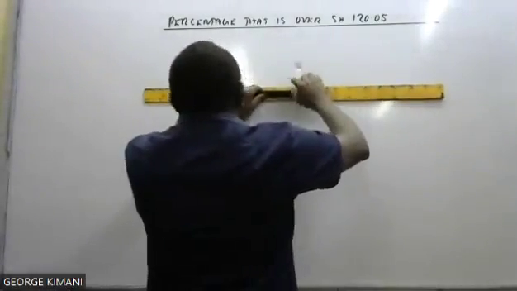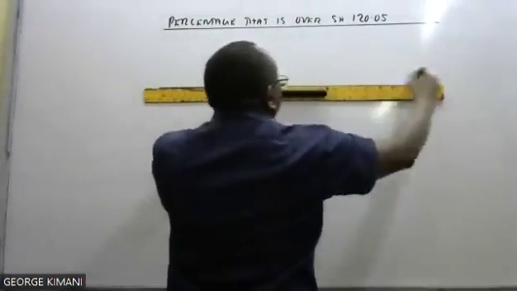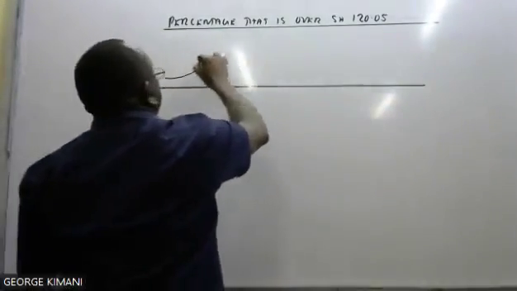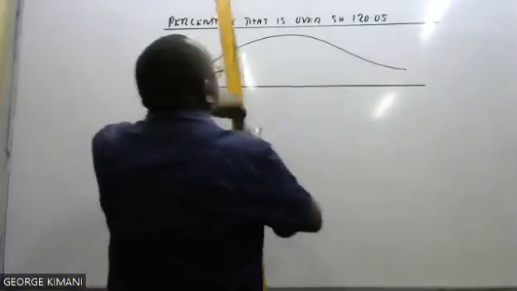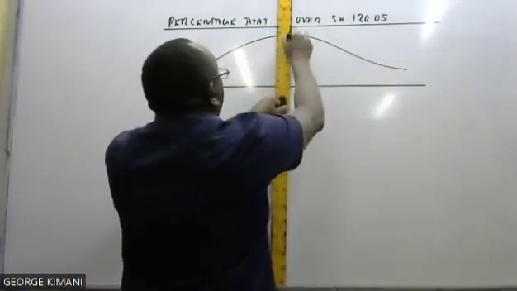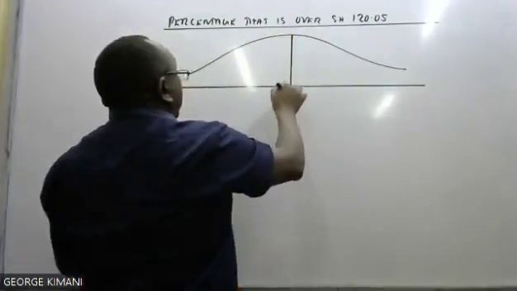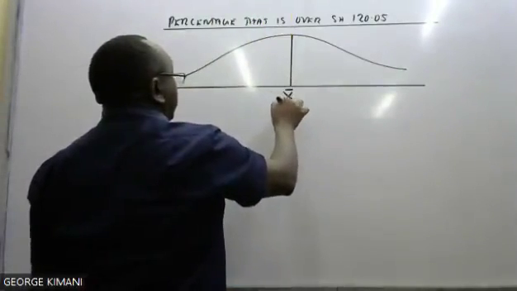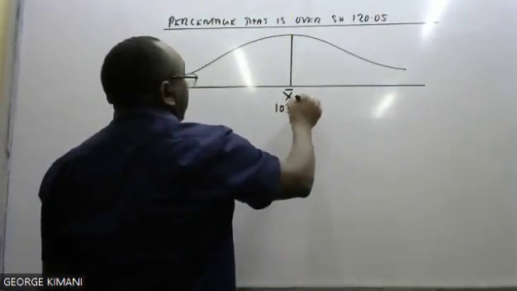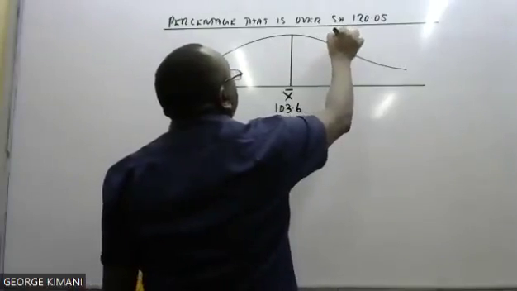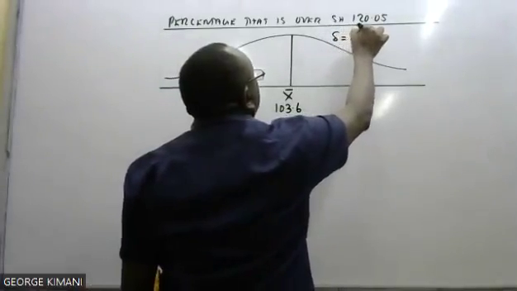So sasa again tunachora kameza as usual, whereby our mean here umesema ni 103.6 and standard deviation is 8.73.